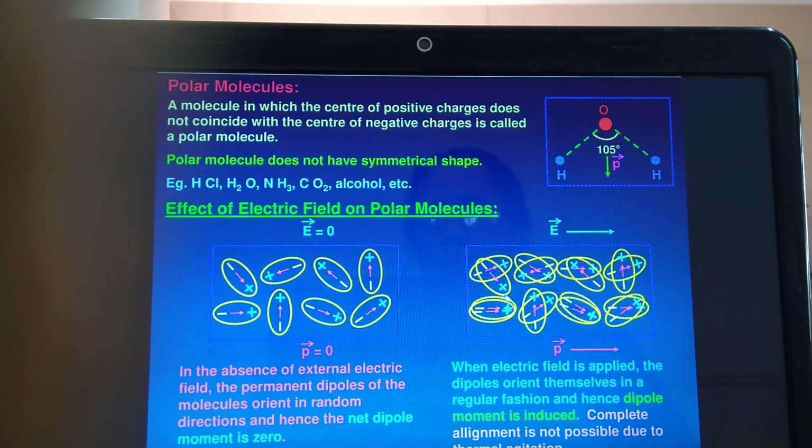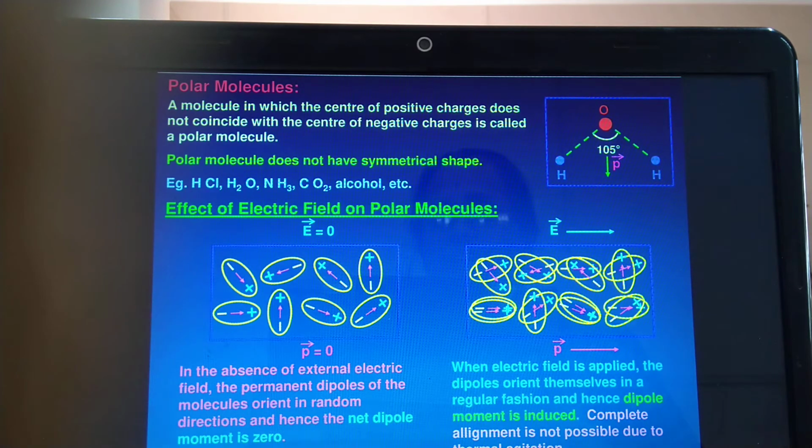The negative end of the polar molecule gets attracted towards the positive side of the electric field, and the positive end of the polar molecule gets attracted towards the negative side of the electric field.